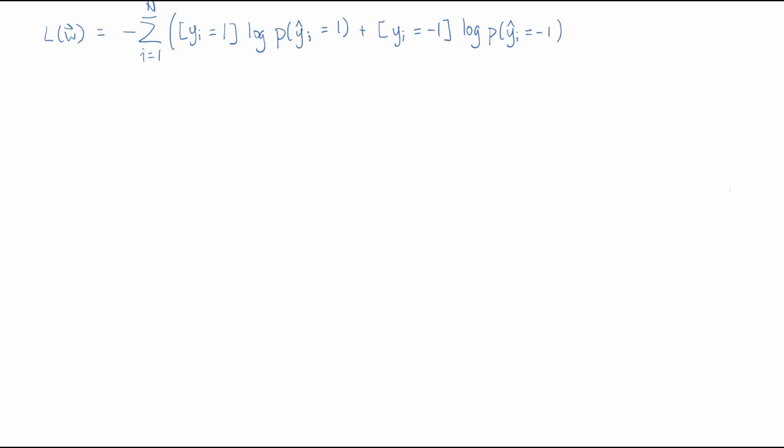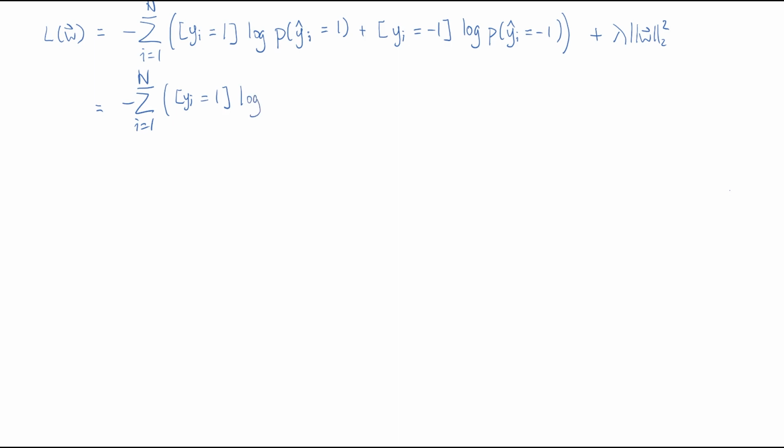Okay, and then I guess here we're going to be using the regularized version with L2 regularization. So now I'm going to do a few steps of algebra just to simplify things a little bit. So first, still sum over all data points. First, we're going to actually write down what the probability that y hat i equals 1 is.